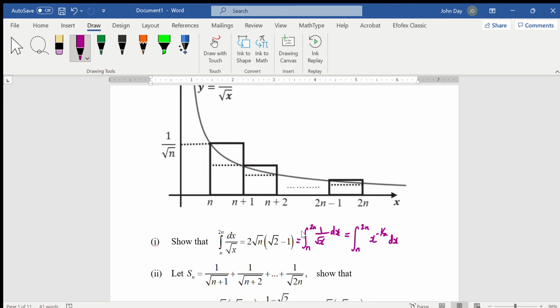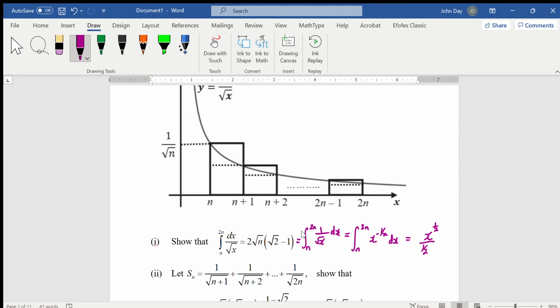So they're just going to say, well, I add 1 onto the power and get x to the half, and of course I need to divide by the half as well, because then I'll end up with x to the minus a half when I differentiate that.